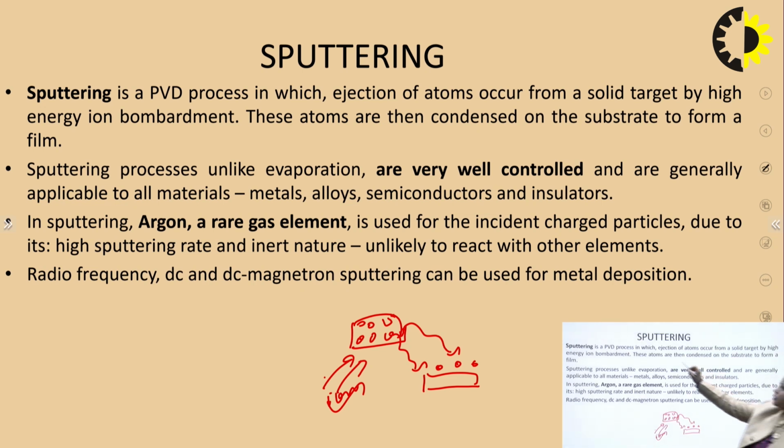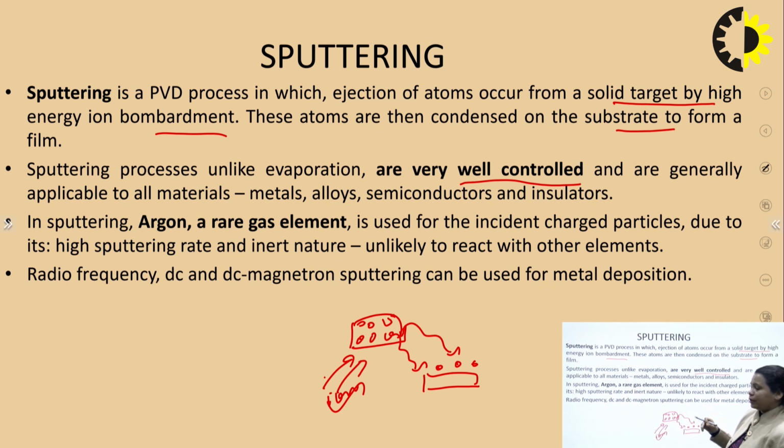I have written that it is a PVD process in which ejection of atoms occurs from a solid target by high-energy bombardment. These atoms are then condensed on the substrate to form a film. This is a well-controlled method, as evaporation is not well controlled. We all know that when a particular source is heated, it creates vapor, and that vapor cannot be controlled.